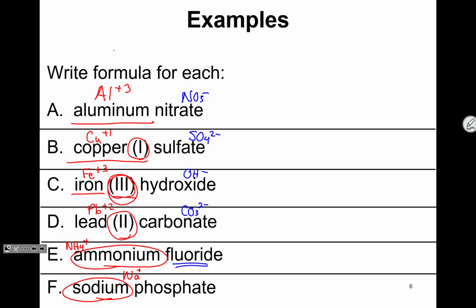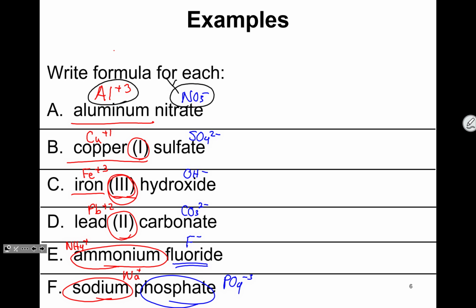Fluoride, that's predictable in group 7A. It gains 1 electron to form the fluoride anion, so F minus. And then phosphate, we look on our list. It's PO4 with a -3 charge. Now we write the formulas for charge balance. So here I have a +3 and a -1.